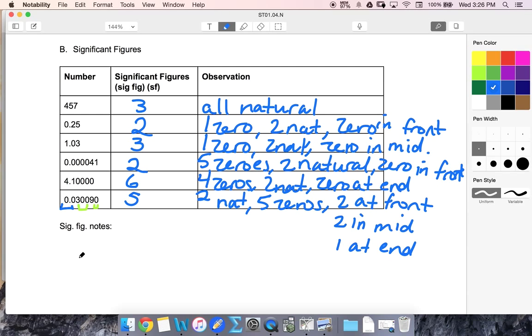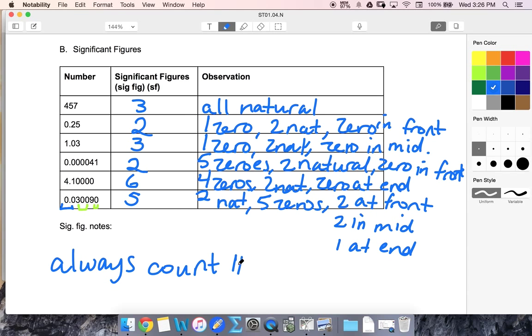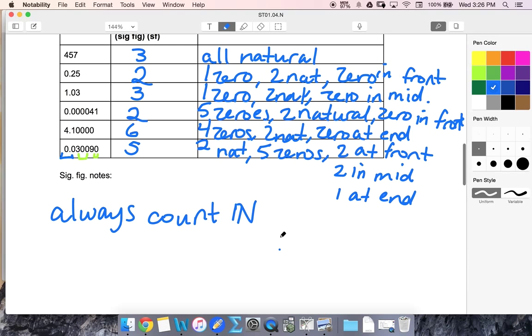So for significant figures, we always count natural numbers. And there's one of our vocab words again. And in fact, I'm going to use the symbol. So we always count natural numbers. And again, those do not include 0.